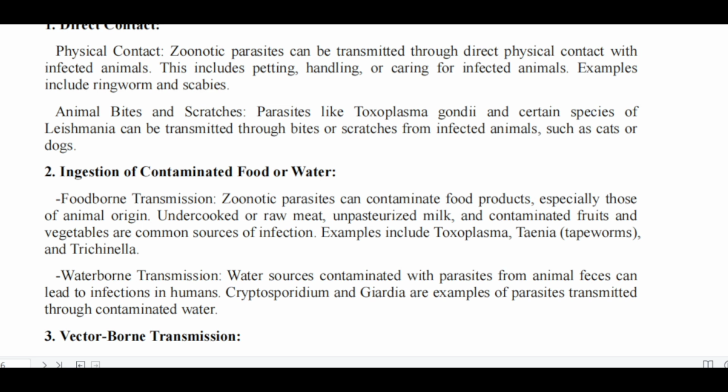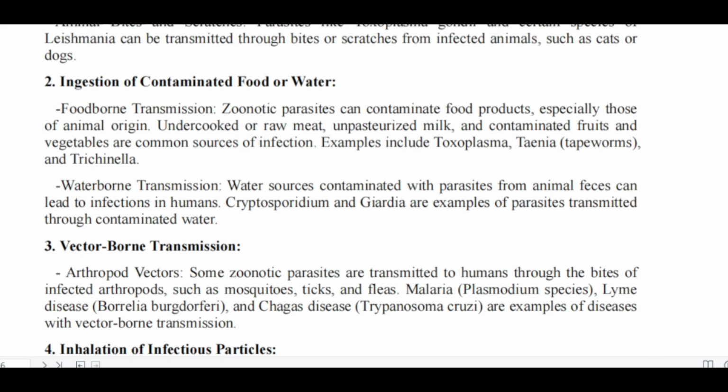For instance, you can have amoebiasis, giardiasis, and you can also have some very serious diseases like dracunculiasis, right? You can also get it through contaminated water.